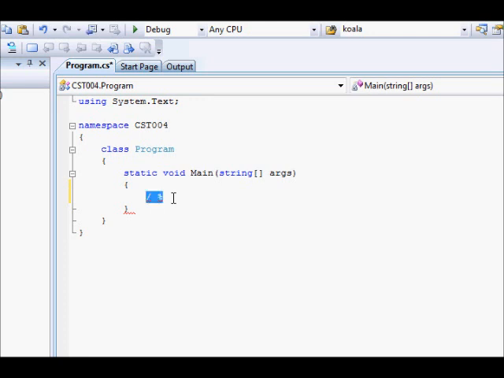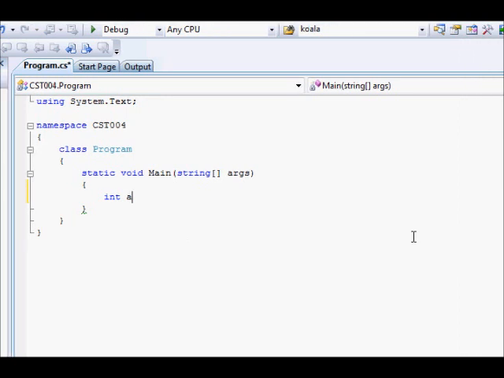The first thing we want to experiment with is a simple division. You have two numbers, you want to divide one by the other and you display the result. So we're going to define two integers, int a and b.